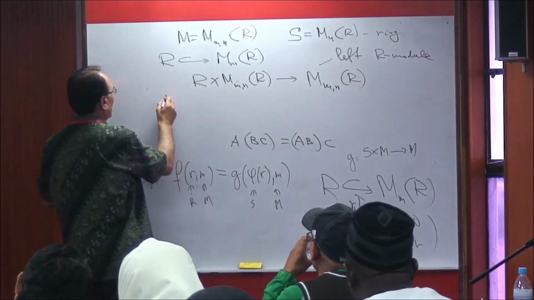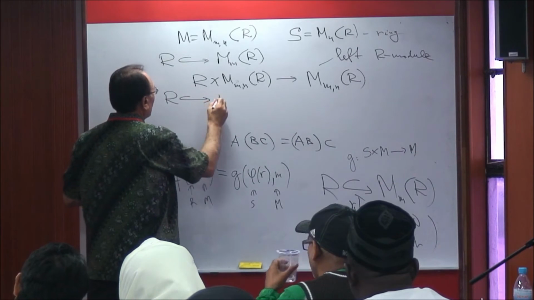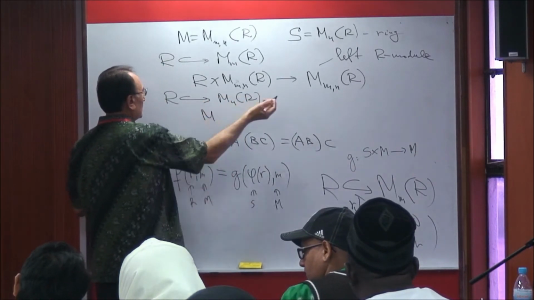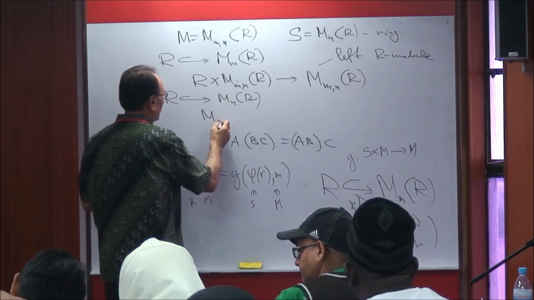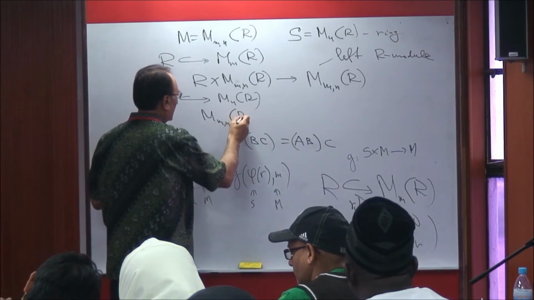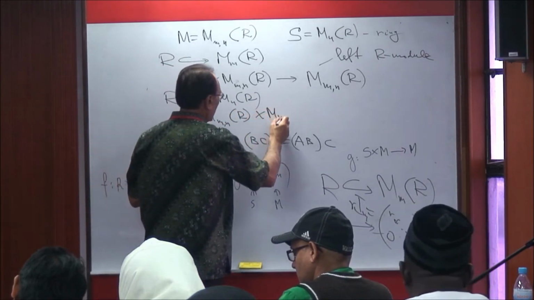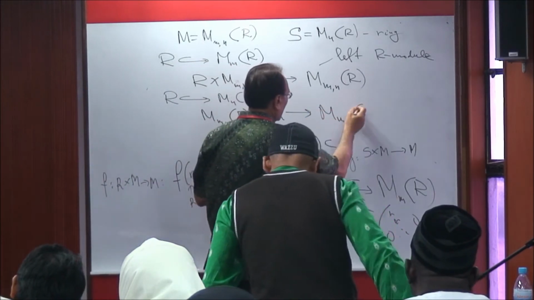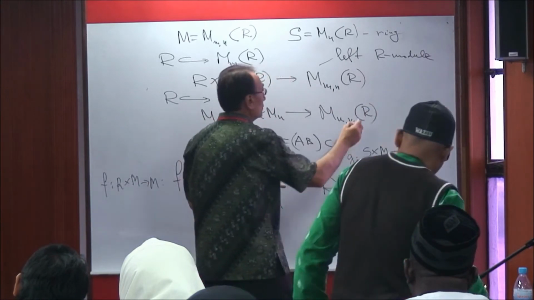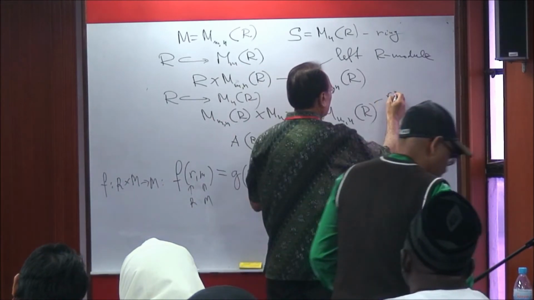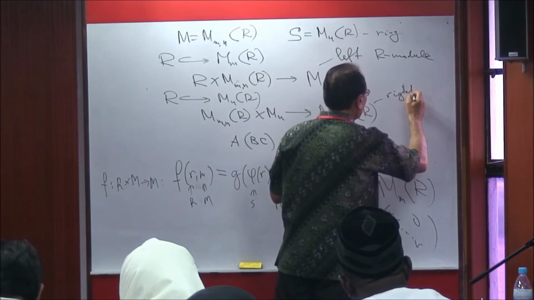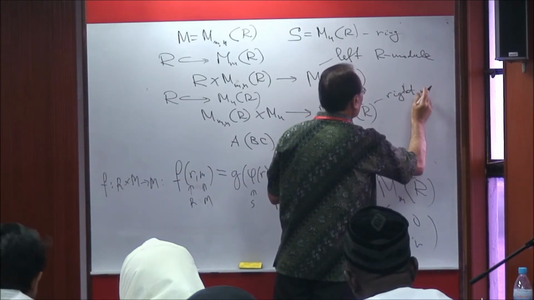If you include R into N by N matrices, then of course you may multiply from that side, and the result will be M by N. So you will get the right R module.